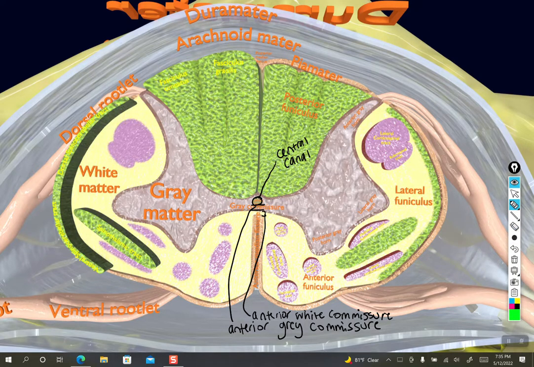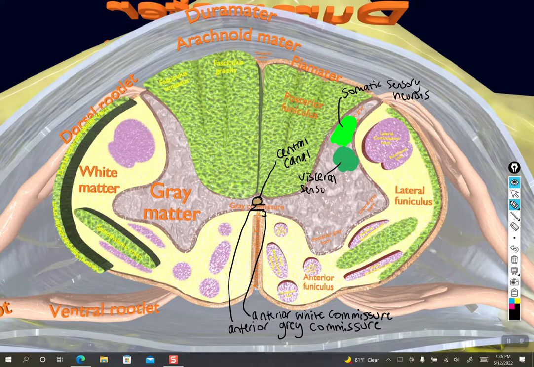So when those axons coming in from the periphery arrive and they synapse, they're going to synapse on cell bodies in the dorsal gray horn at one of two locations, either the top, which are cell bodies of somatic sensory neurons, or a little further down, cell bodies of visceral sensory neurons.